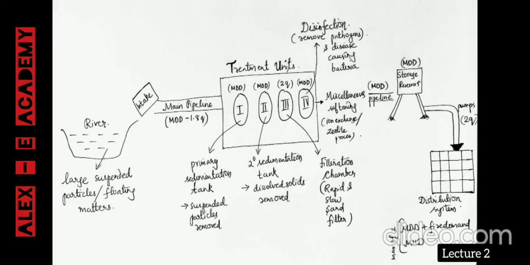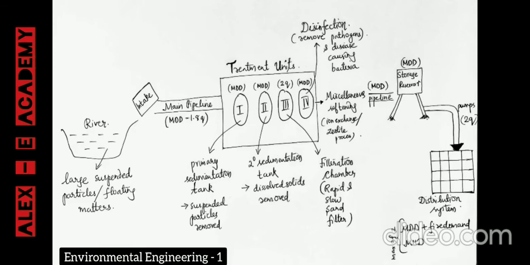Now coming to a bit more important portion, we will be seeing the flow chart where the water is taken from any source and then finally distributed to the customers. In that, we will be stating the various associated processes in a brief manner.